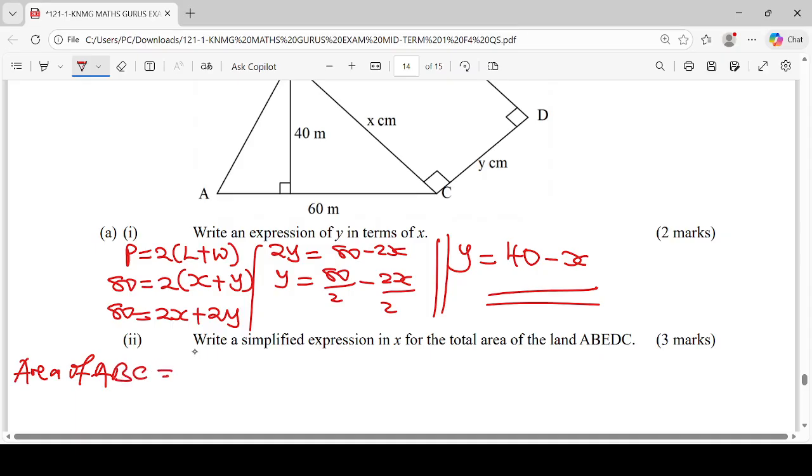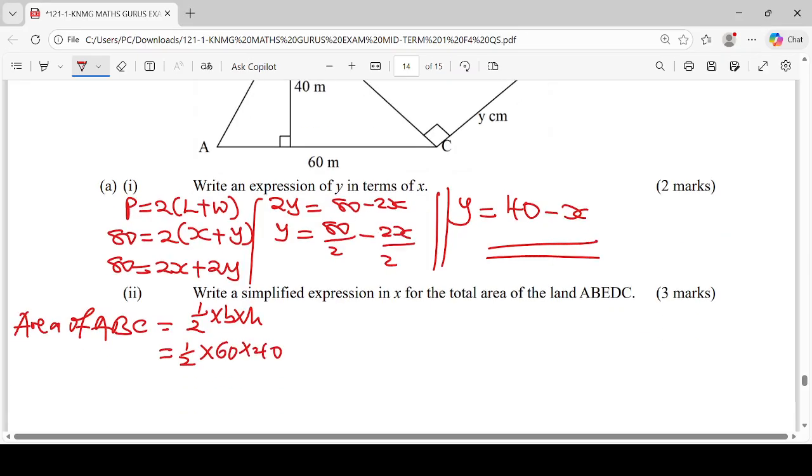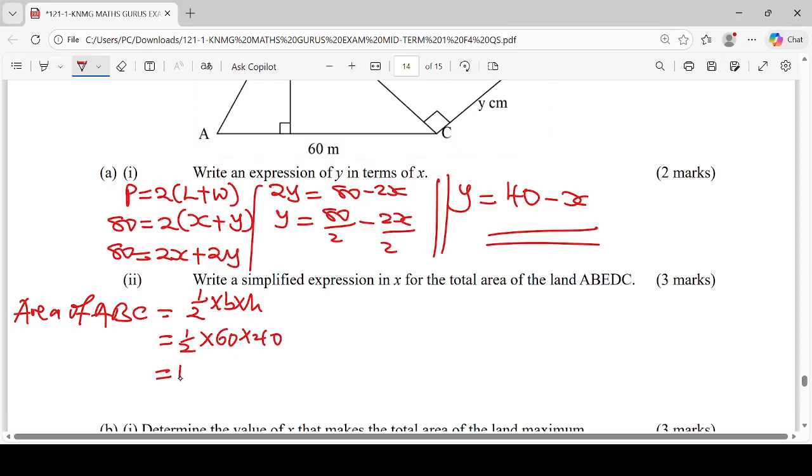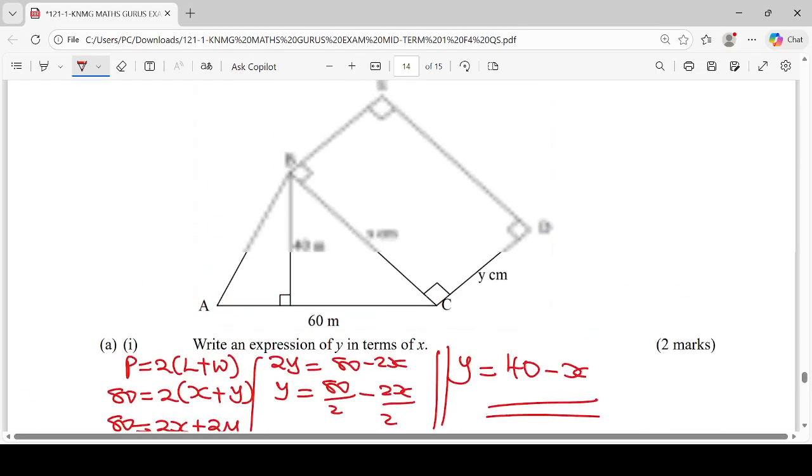Because it's a triangle, it's a half times base times height. So this will be a half multiplied by the base of 60 by the height of 40. This is going to give you 120 square meters as the area of that triangle.